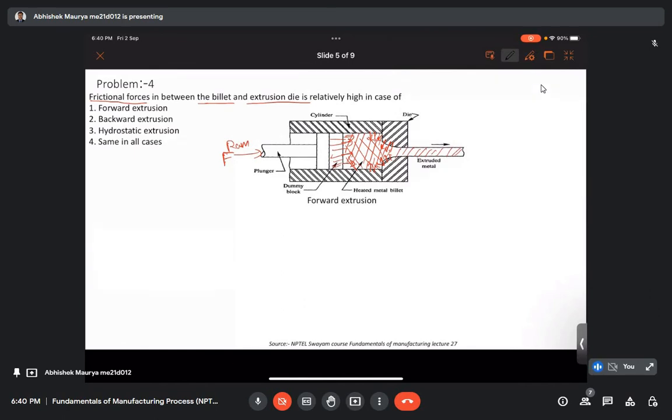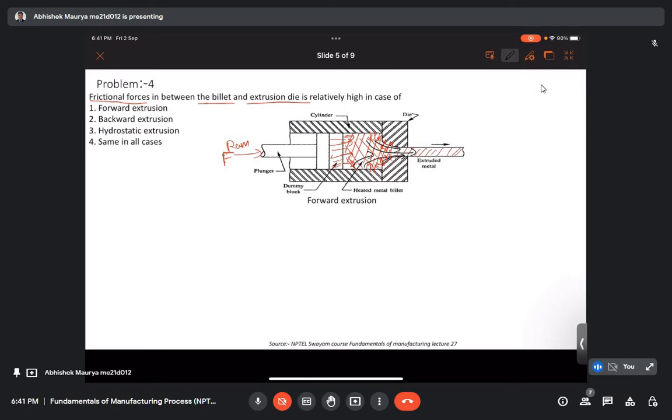Basically whatever the material is there, because of compressive forces it will try to flow towards the opening of the die. Likewise this material in all regions tries to flow towards the die opening, and finally the billet takes the shape of the opening of this die part.